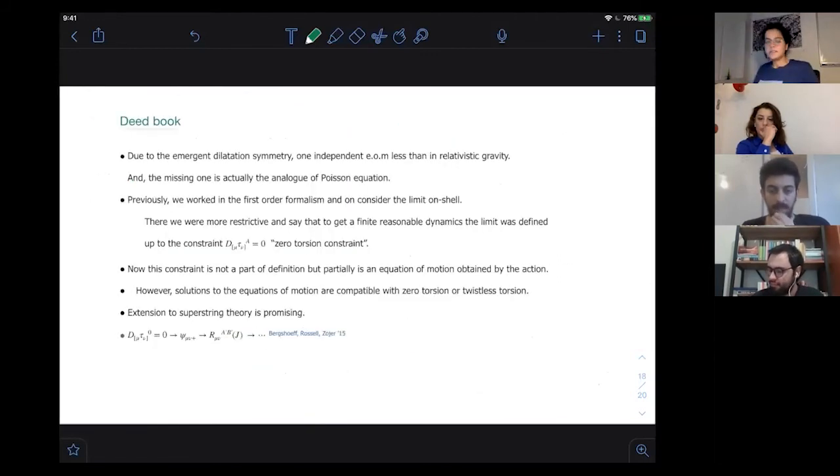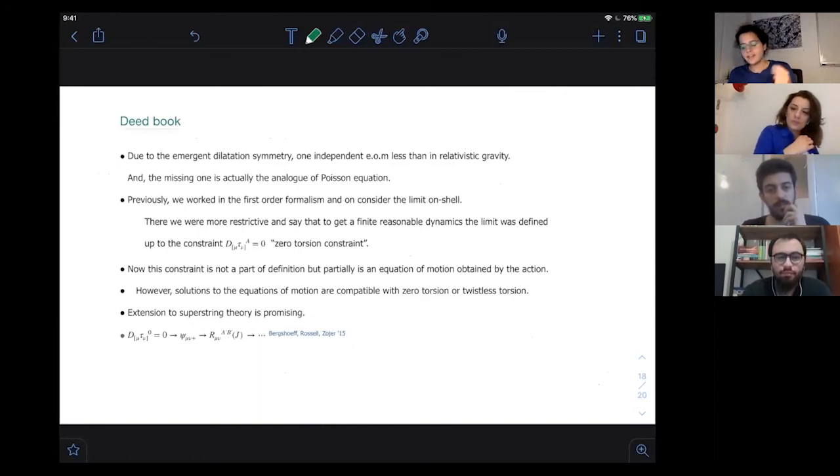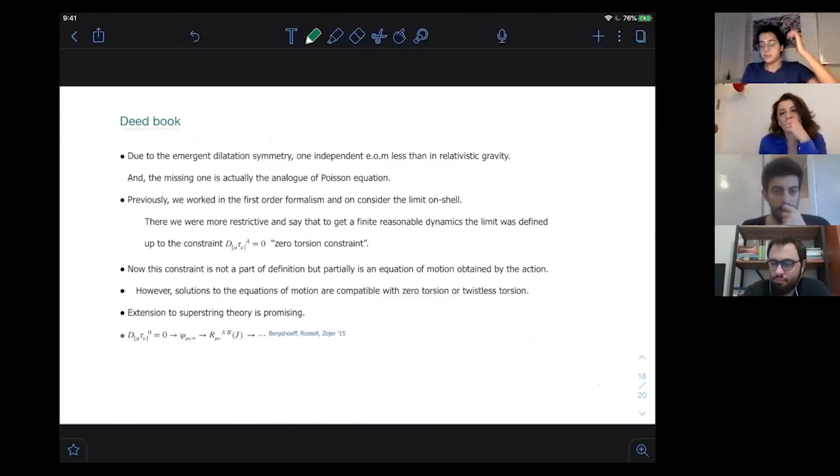Okay, the catch. Due to the emergent dilatation symmetry, there is one independent equation of motion less than in relativistic gravity. So if you have more symmetries, then you have fewer equations of motion, fewer degrees of freedom. And the missing one is actually the analog of the Poisson equation. And now I'm answering James' question. That is a well-known problem also in Newton-Cartan theory. It's highly non-trivial to get the Poisson equation out of a non-relativistic action.